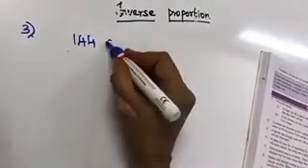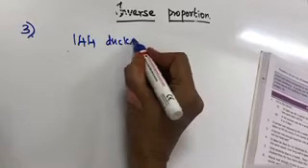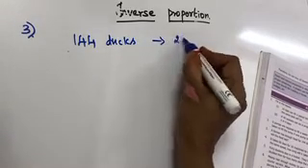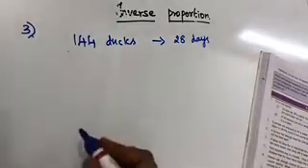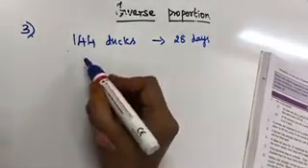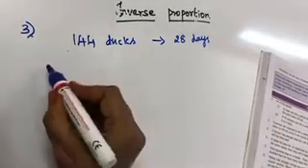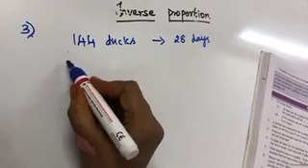Third one. Okay. So, for 144 ducks, the food lasts for 28 days. Now, he sold how many ducks? Sold 32 ducks.